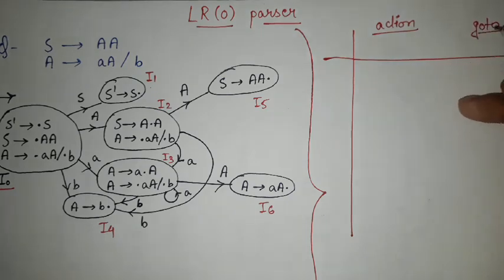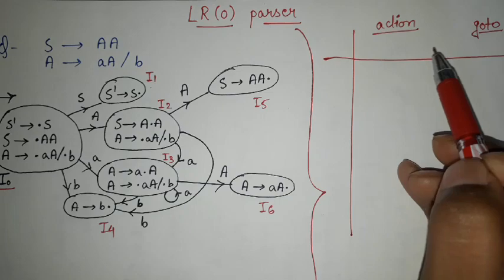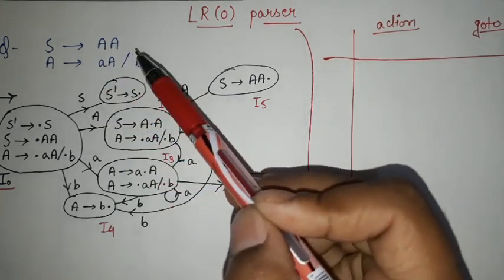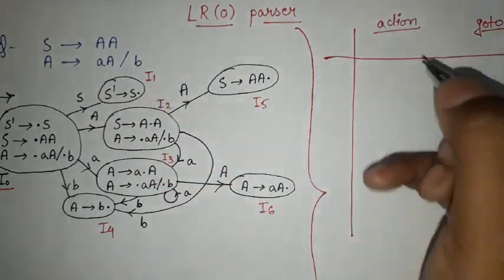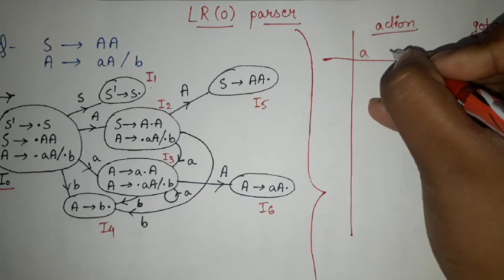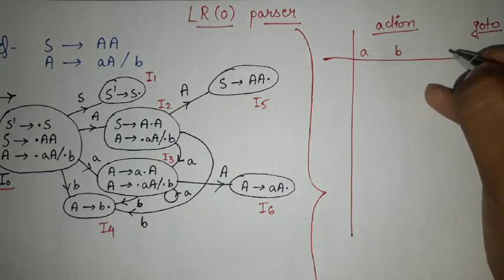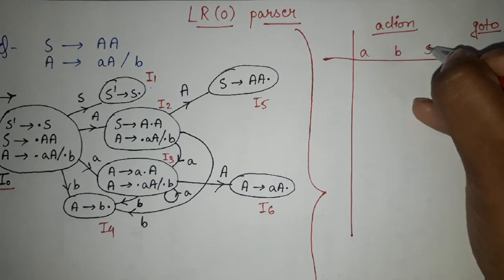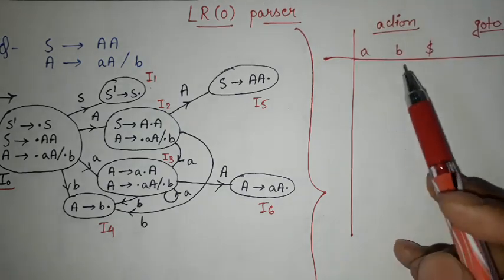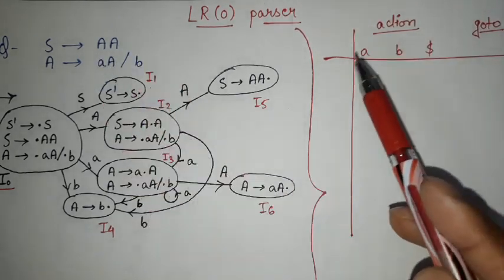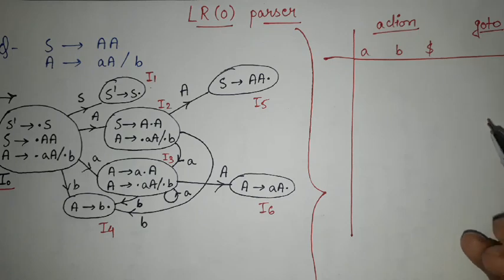In the action part, always our terminals will be there. So in my grammar, which terminals are present? A and B. So A and B will be there, and with A and B we will always have dollar. So in the action part, all the terminals that are present in the grammar will be there. Apart from that, one dollar will also be there.